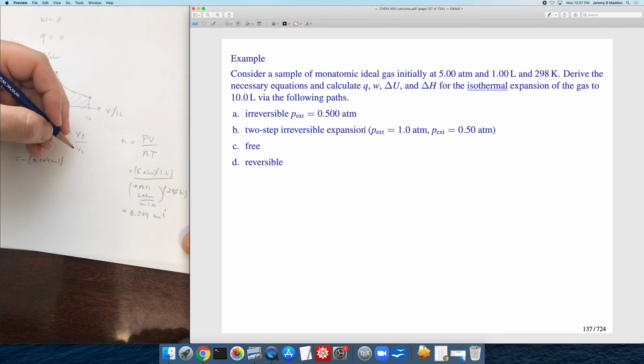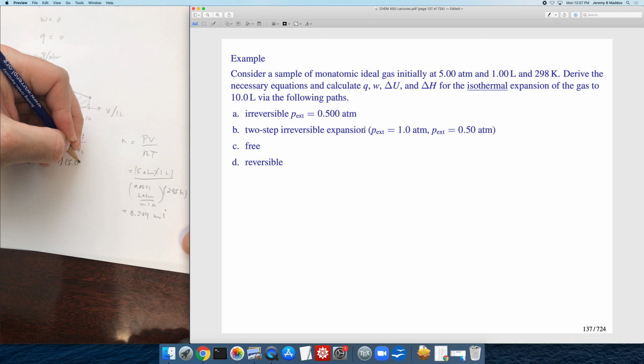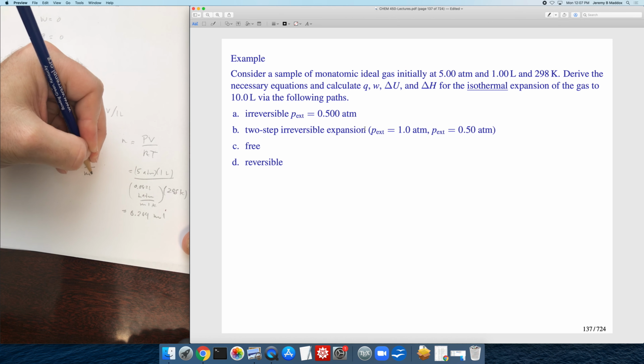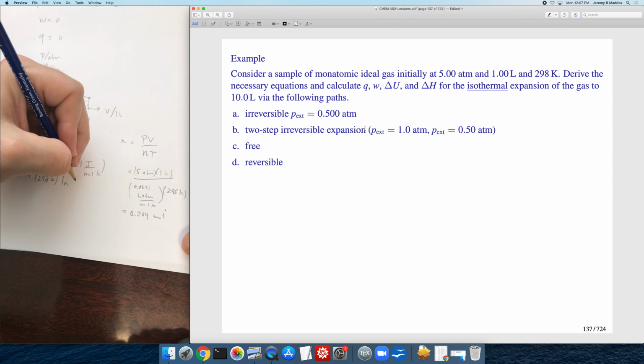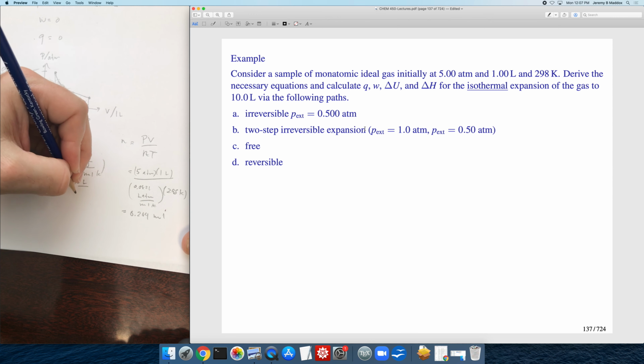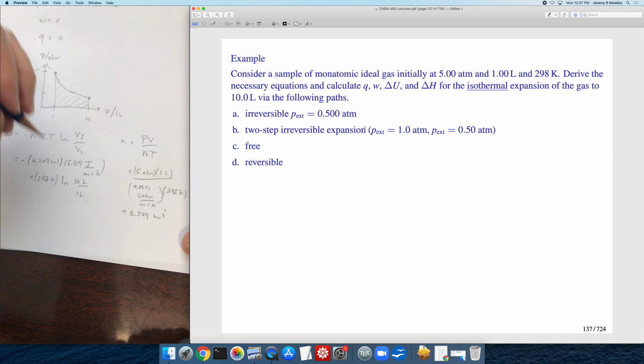Then we'll use the other version of the gas constant, 8.314. That's joules per mole Kelvin. Take that times the temperature, 298 Kelvin, times the natural log of the final volume, 10 liters, divided by the initial volume, 1 liter.